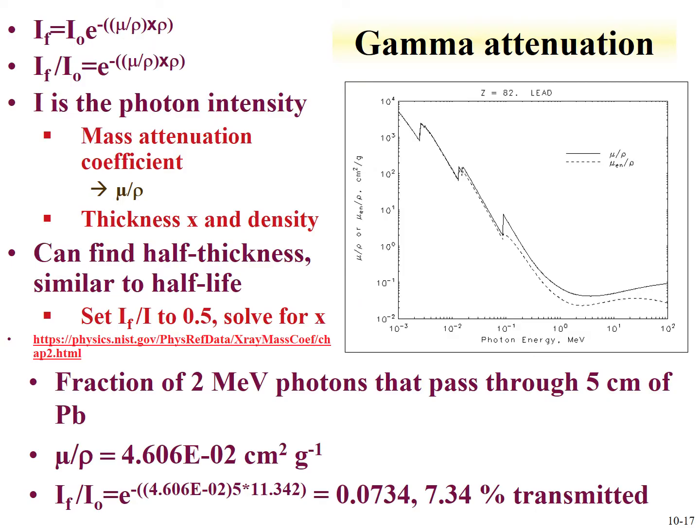One can also discuss gamma attenuation. As we said earlier, you can model the interaction of photons with matter as one does with UV visible spectroscopy using Beer's law. We have an equation that says the intensity of the photons final is equal to the intensity initial times e to the minus the mass attenuation coefficient times the thickness of the material times its density.